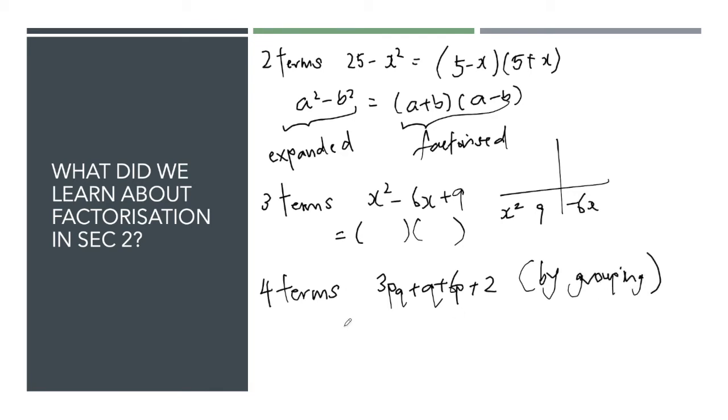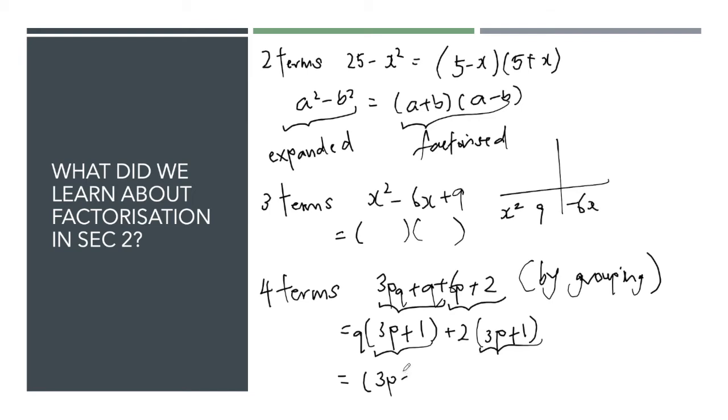So how do you group them? First of all, look at the first 2 terms. The common factor here is q, which you can factorize out, and you're left with 3p plus 1. For the last 2 terms, the common factor is 2, and when you factorize out, you still get 3p plus 1. Now, we can factorize out 3p plus 1, because that is the common factor.